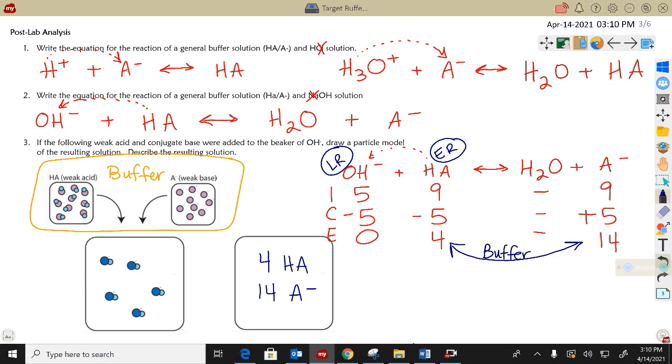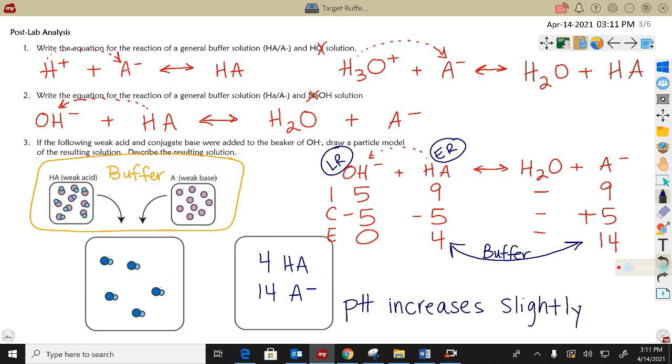So when they say describe the resulting solution, it's still a buffer. However, I've got a little bit more of the conjugate base and a little bit less of the original weak acid. So maybe I'd say it's still a buffer, but the pH increases just slightly.